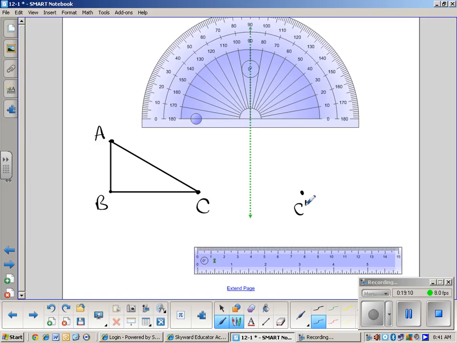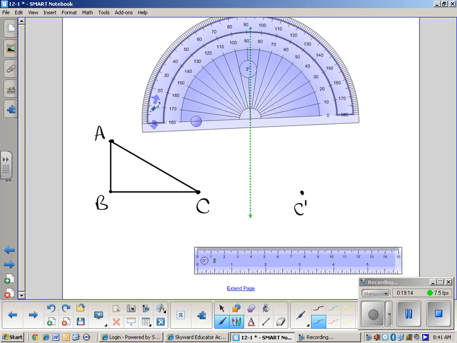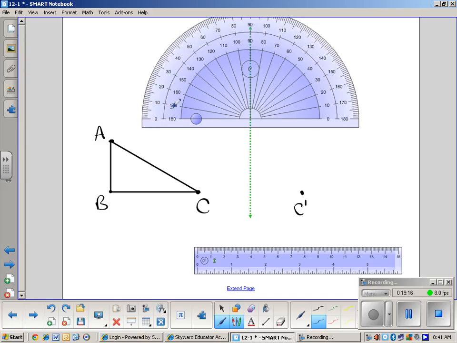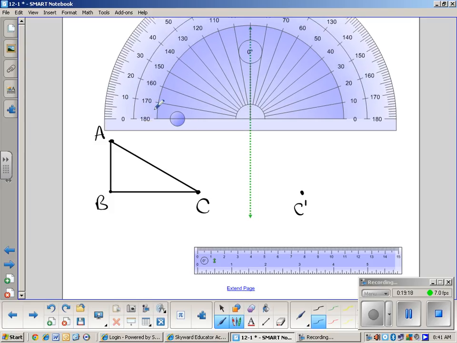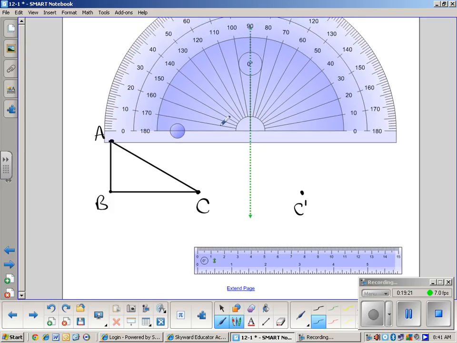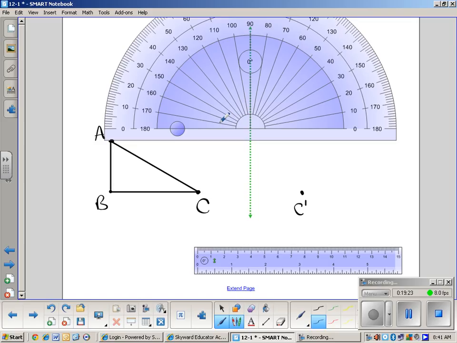Okay? So now, I want to move A. I need a little bigger protractor. So I put my protractor on 90 again.